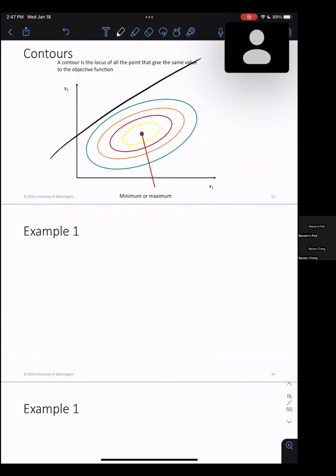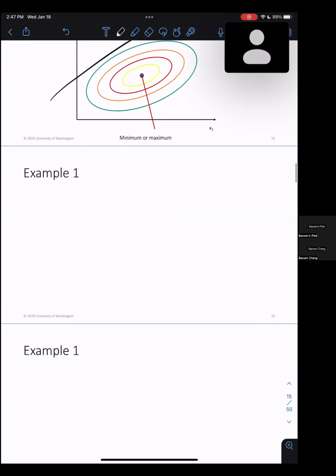Compute eigenvalues, okay? So let's do one example to see how it is used. Let's say minimize x1 squared plus 4 x2 squared. Okay, so let's say we want to minimize this problem.